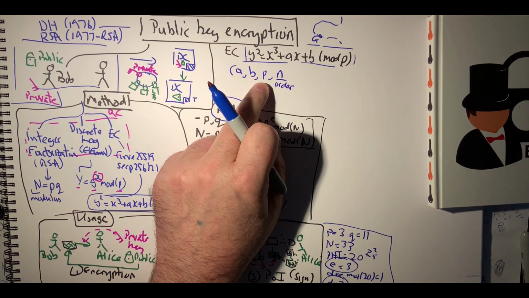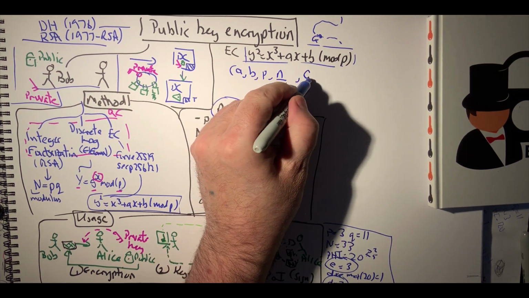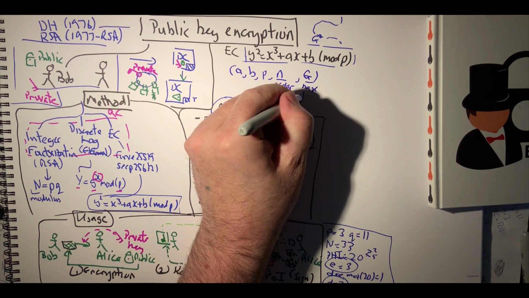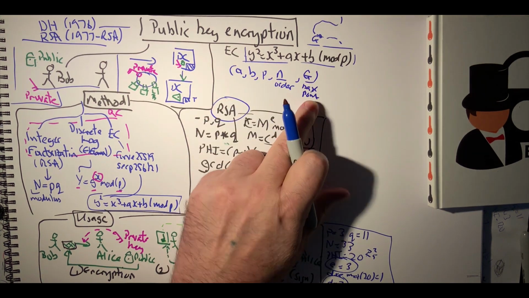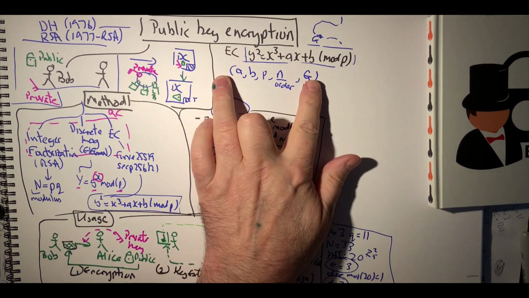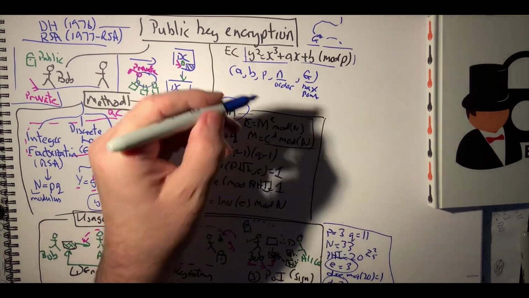P is the prime number, a and b are here, and G. G is what's called the base point, and it's almost like the starting point for all our elliptic curve operations that both Bob and Alice know. So this gives us our basic parameters for our curve.